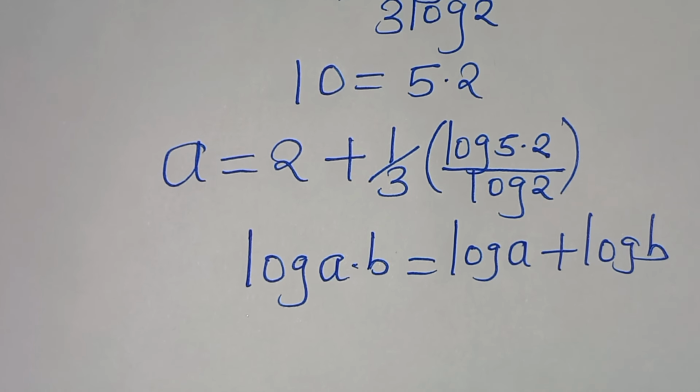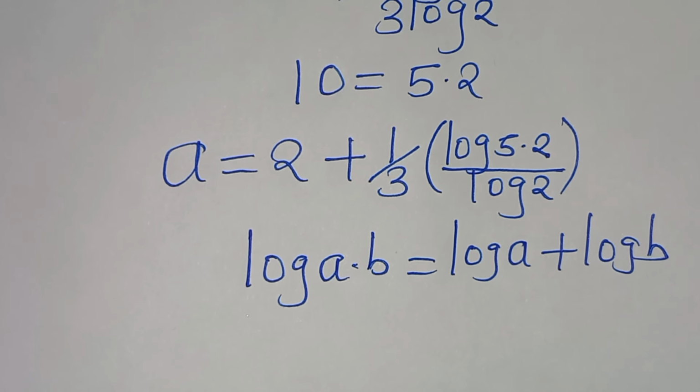So let's simplify here. Log 2 and log 2 simplify, so that now we have a is equal to 2 plus 1 over 3 plus 1 over 3 times log 5 divided by log 2.